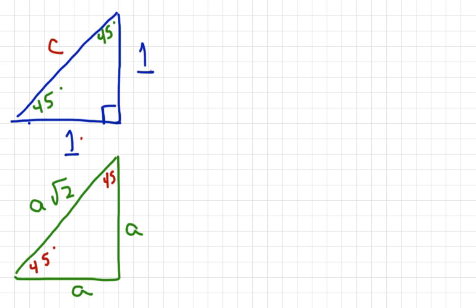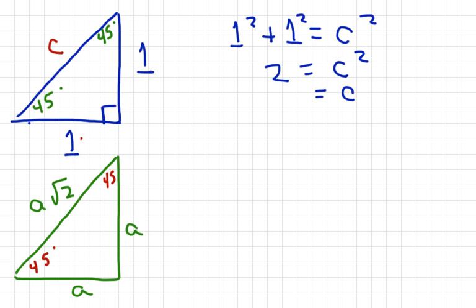In this case, I do not know my hypotenuse, so I'm going to use the Pythagorean theorem. 1 squared plus 1 squared equals my hypotenuse, which would be c squared. So I get 2 equals c squared, so c equals root 2. Again, I'm going to put a 1 in front here. This equals my 1 here.